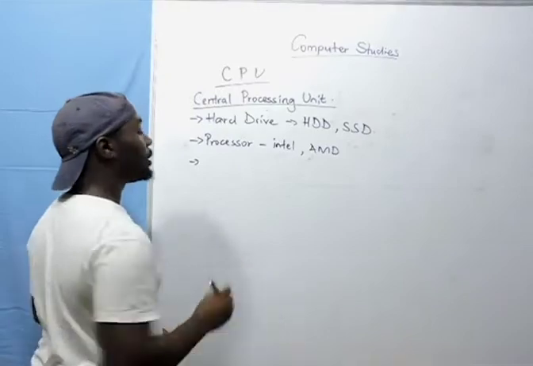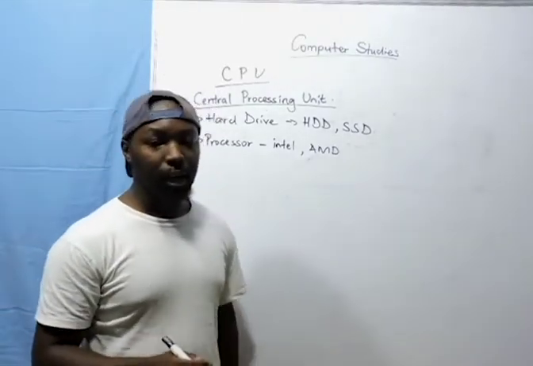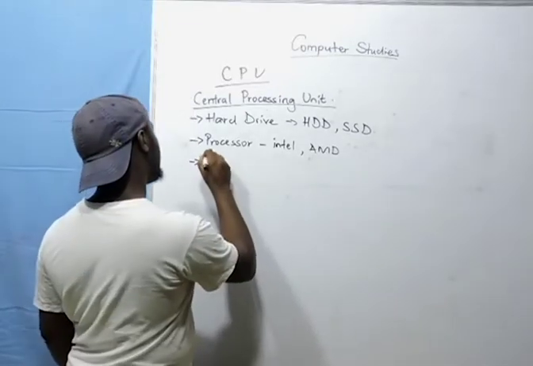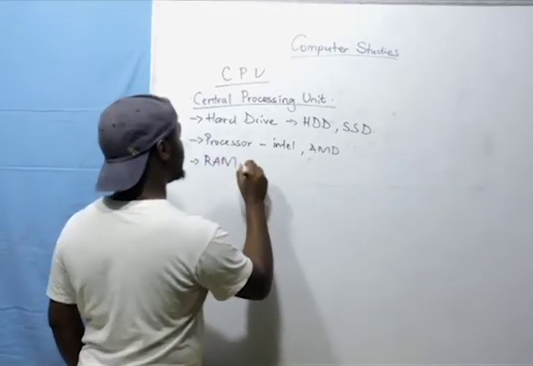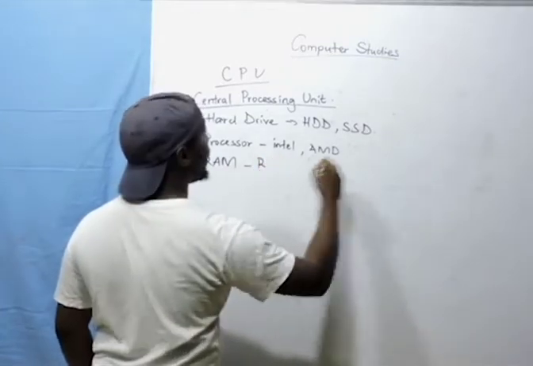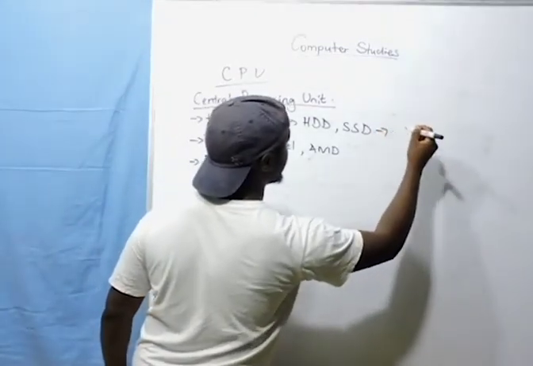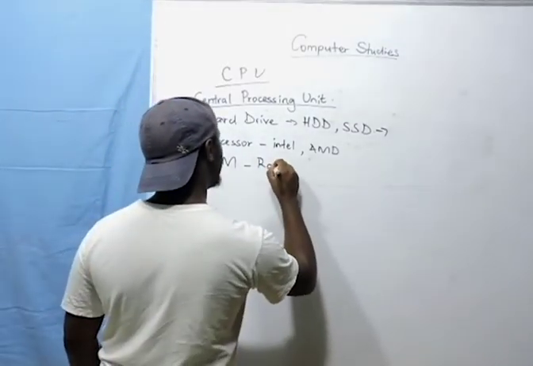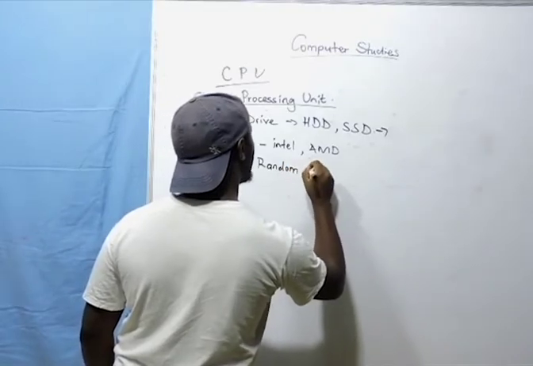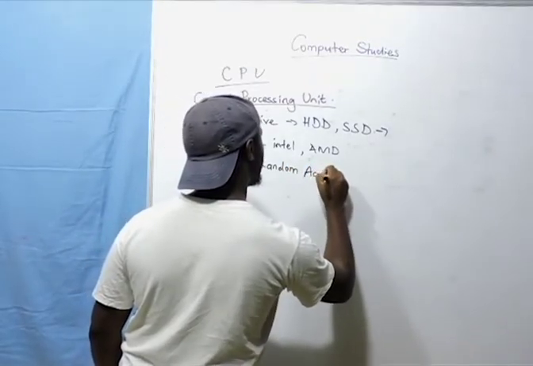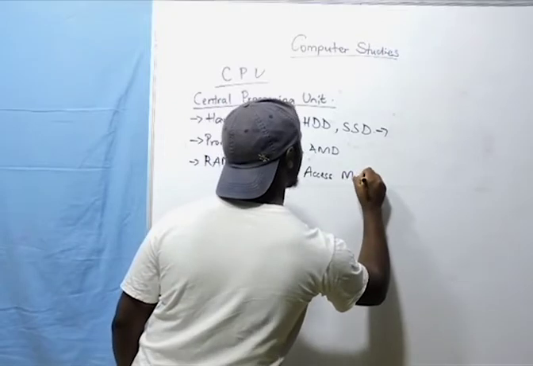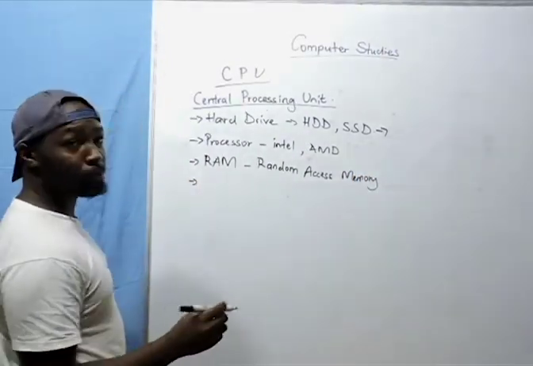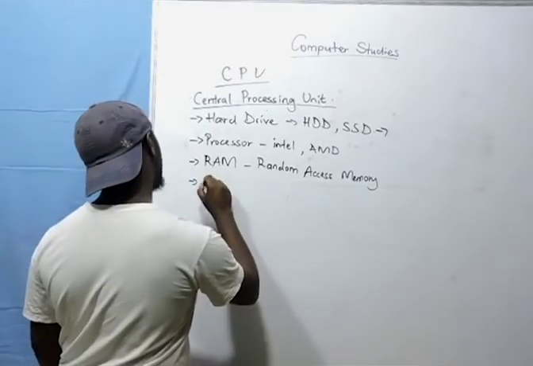And then the third part that we'll be looking at is the RAM, known as the random access memory, and then we have a part called the video card.